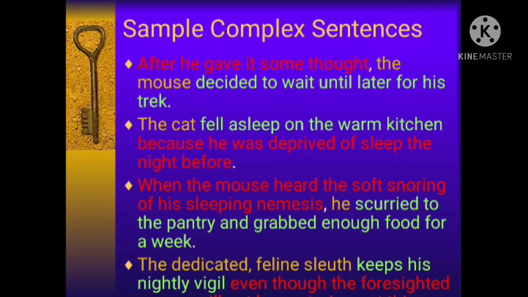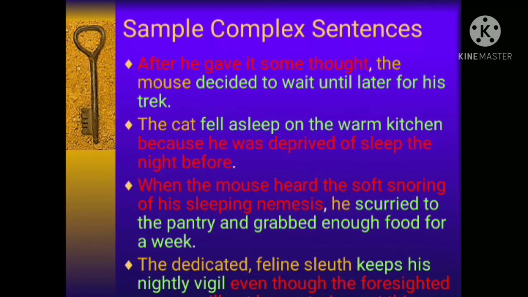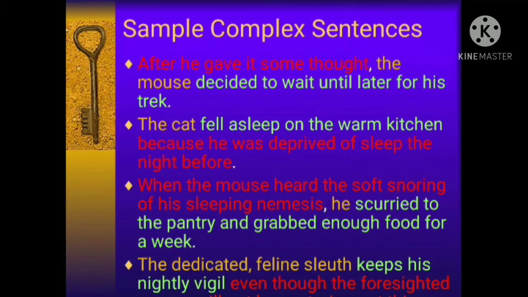Now, sample examples of complex sentences. After he gave it some thought, the mouse decided to wait until later for his trek. Here you can see after is the subordinate conjunction. There are some more examples written for you, and I can give you one of my own.